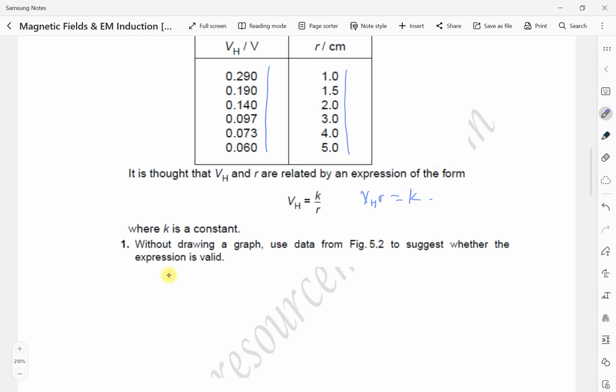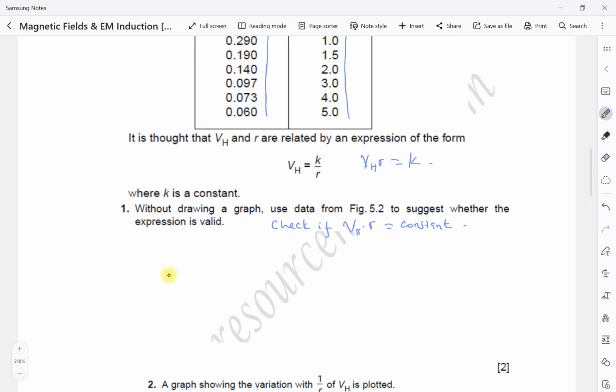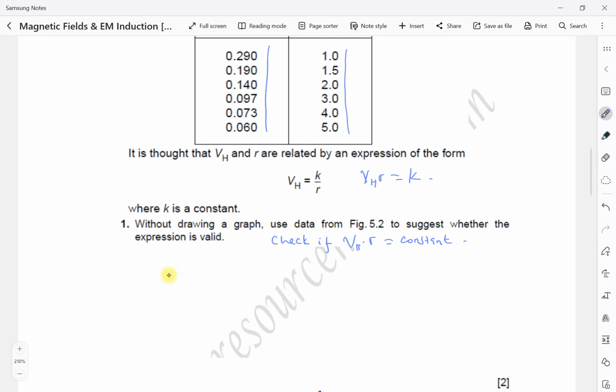So we are going to check if VH times R equals a constant.